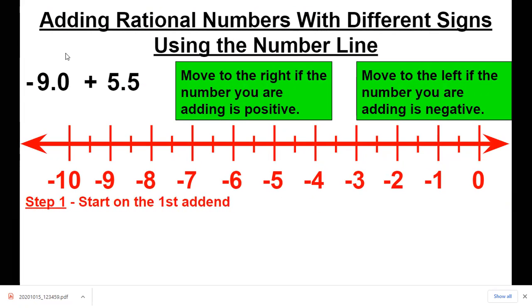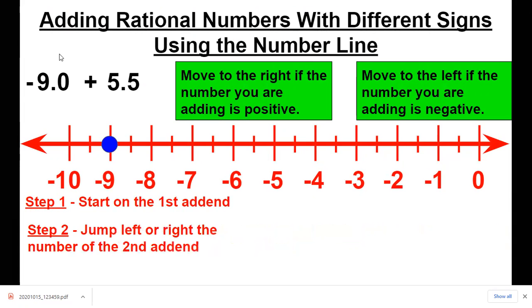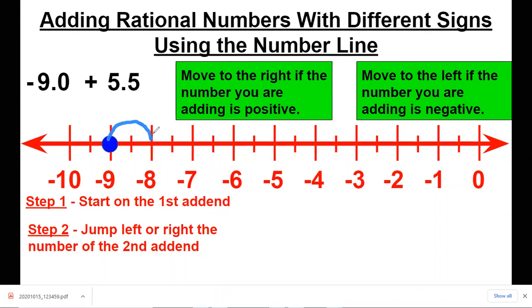Start on the first add-in, negative 9. There's your blue dot. And now we are going to go to the right, 5.5. That is going to be 1 whole, 2 wholes, 3 wholes, 4, 5 wholes, and a half more. So this is where we're going to land.